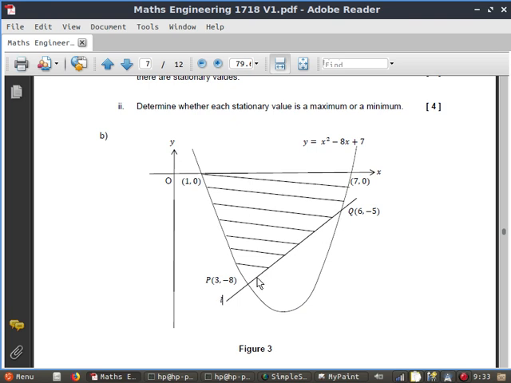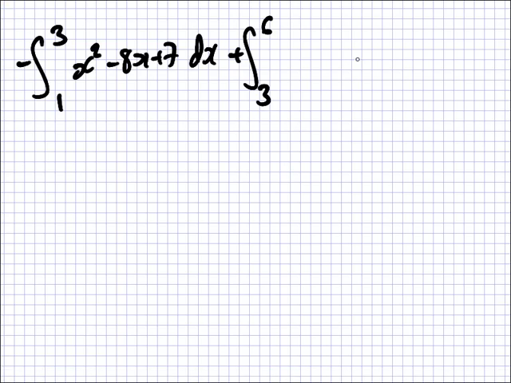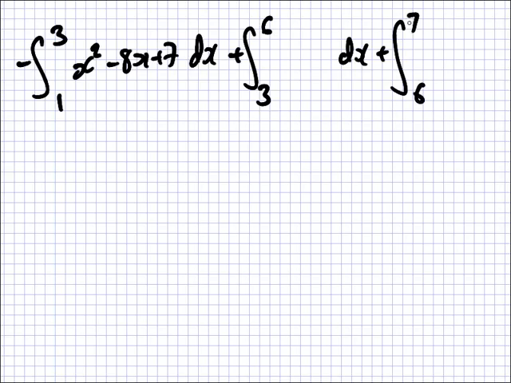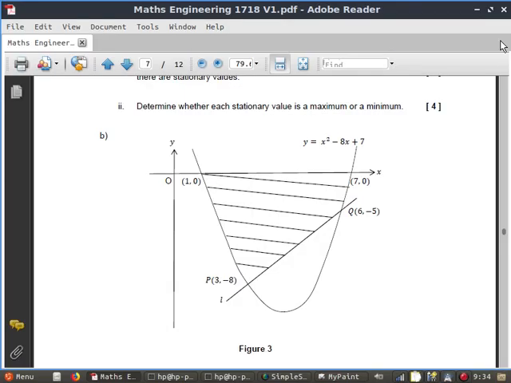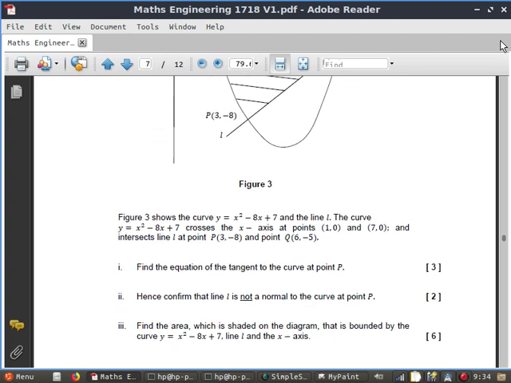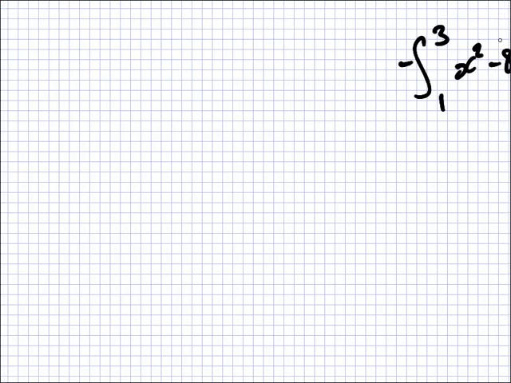Now we don't know this line yet. We only know the tangent. We know 2 points, so we could know it. dx. And then lastly, we have to integrate the curve again, which is 6 to 7. How many marks is it? 6 marks.